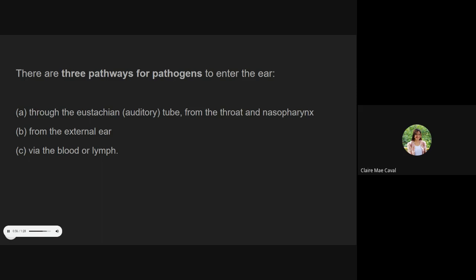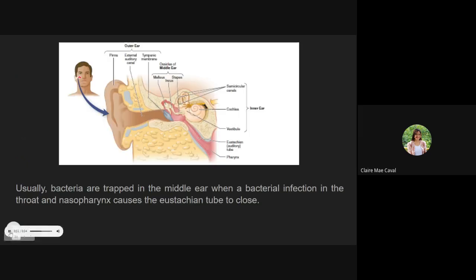So bacteria are trapped in the middle ear, allowing facultative anaerobes, meaning those bacteria that can survive without oxygen, to proliferate, and eventually they cause swelling and damage of your ear, or causing infections. Okay, so these are the three pathways for pathogens to enter the ear. So you can proceed to the next slide after taking a look at this slide.